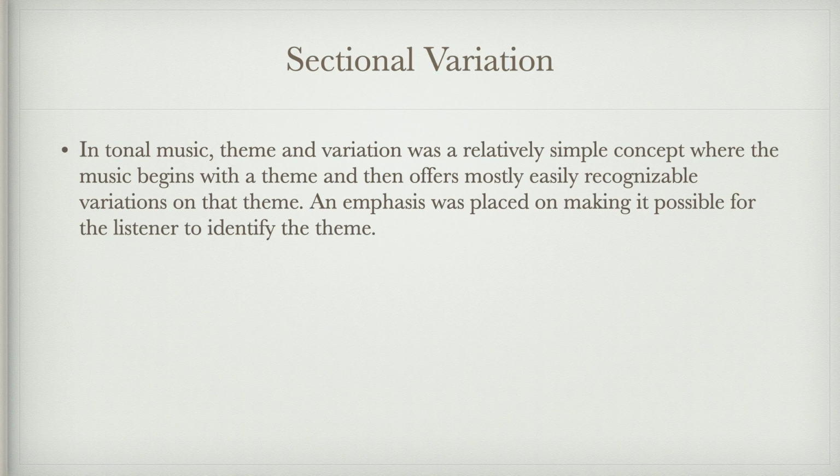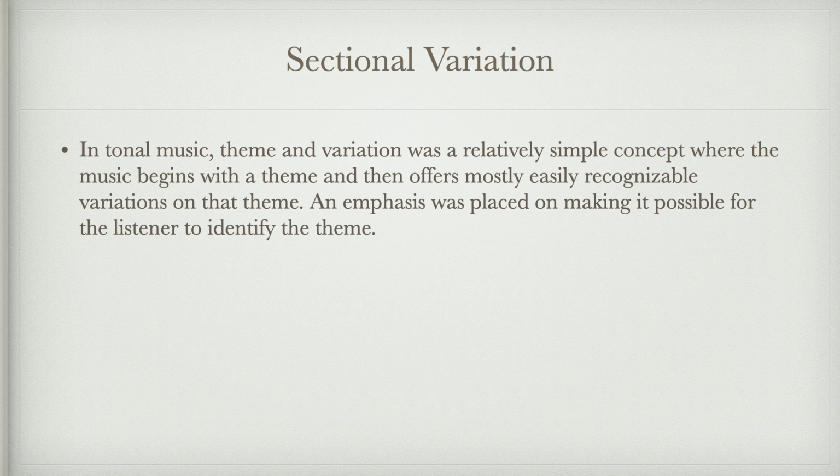The theme was supposed to be very simple and very memorable, so that any of the variations could be easily heard in real time, because performance obviously is a time art, so that we can relate those variations to the initial theme. We can't be too complex because the listener won't be able to identify how they relate to the theme.